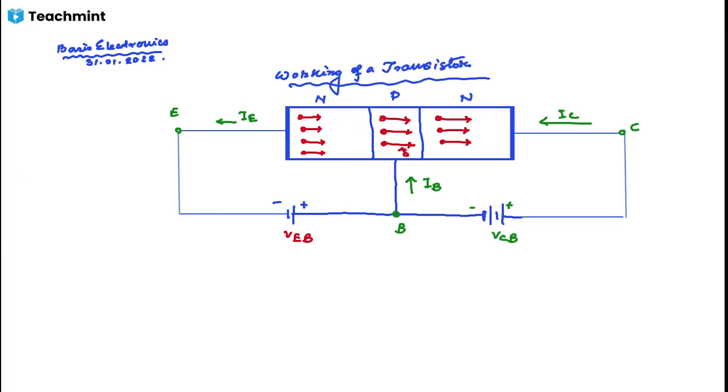So the flow of electrons is on this side. This is the flow of electrons. For the base, the flow of electrons will be this side.